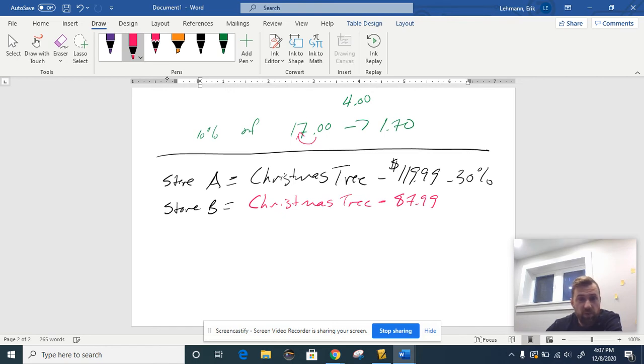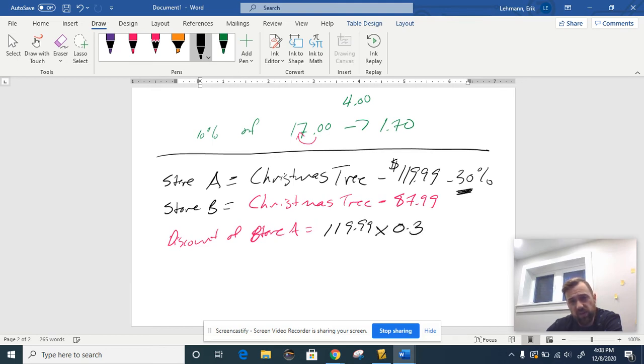But remember that we can find the discount of price of store A. I'm going to change that to black because I want to go 119.99 times 0.3 because I get that 30% and divide it by 100 and I get 0.3. What does that equal?